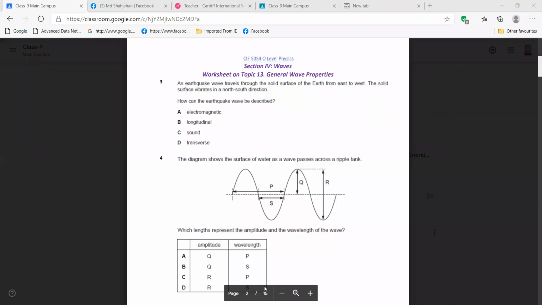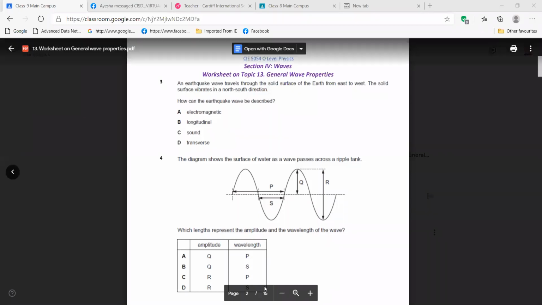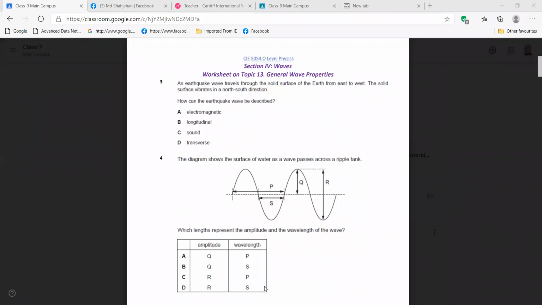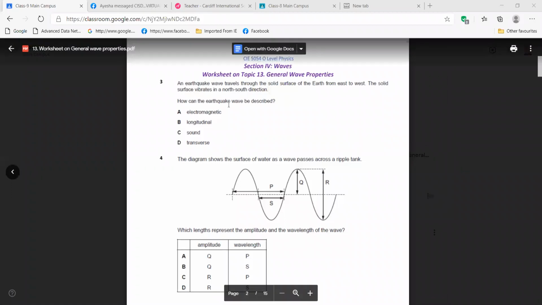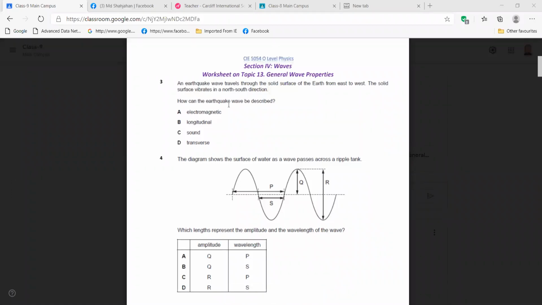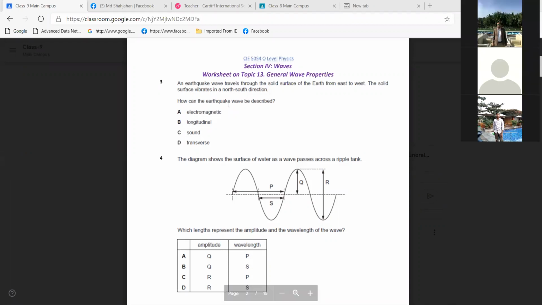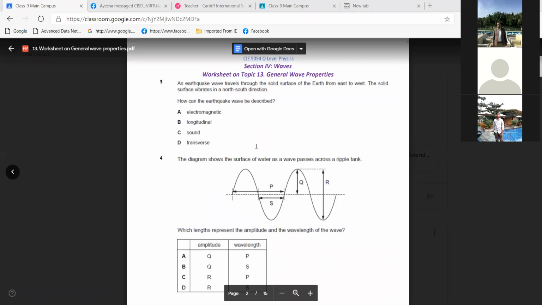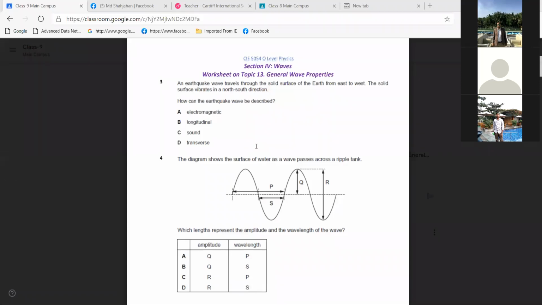From the description, could you understand which kind of wave it is? Electromagnetic, or longitudinal? Sound, or transverse wave? What kind of wave is it?